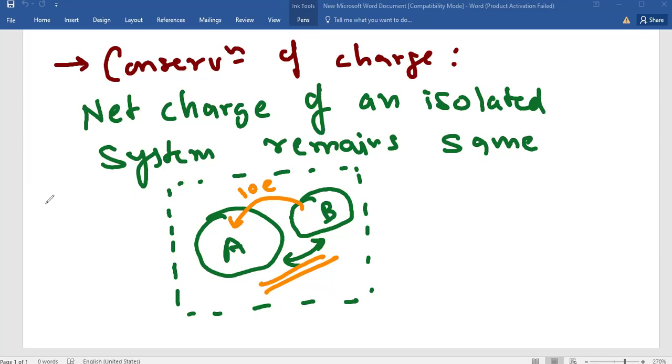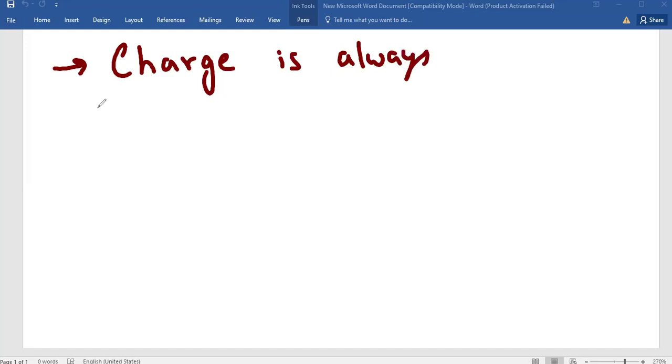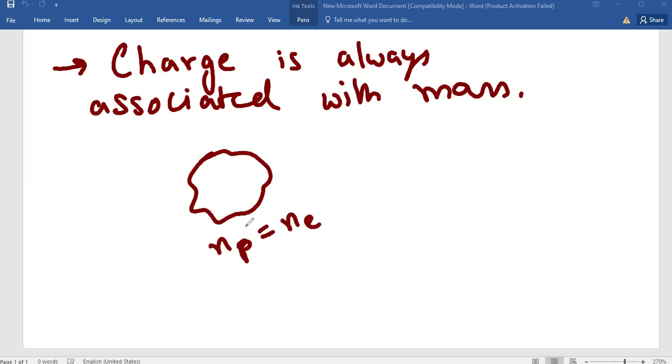Then we will look into this, that charge is always associated with mass. What does it mean? If any object is neutral, fine, we will say that the number of protons is equal to the number of electrons.